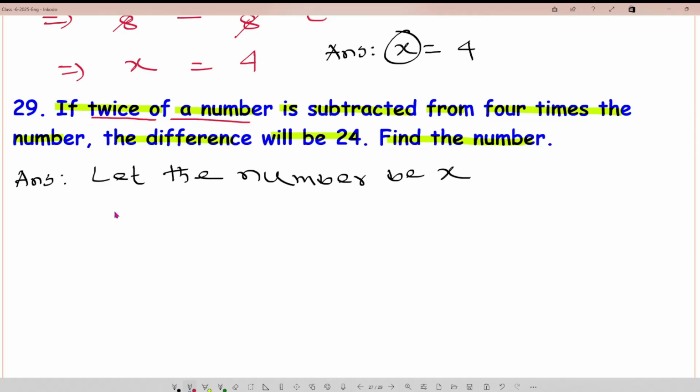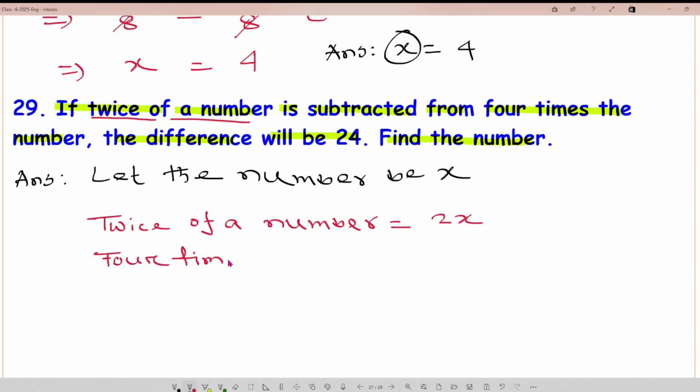Now look, twice a number. So this we can write, twice a number equals 2x. Then 4 times the number equals 4x.